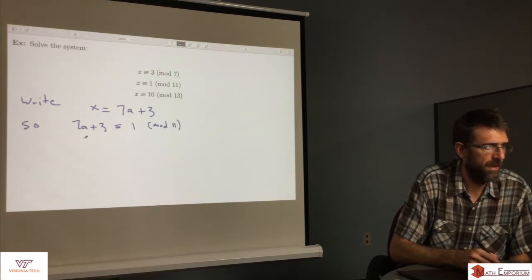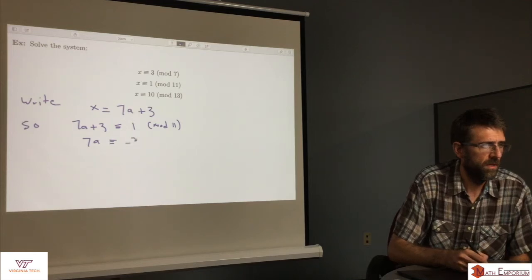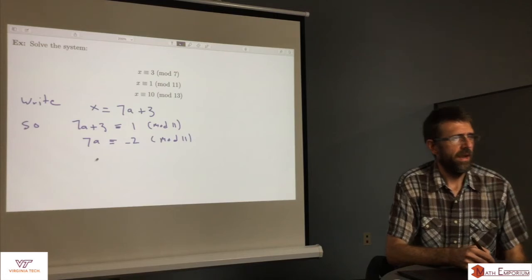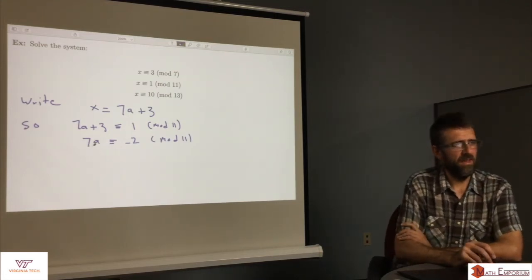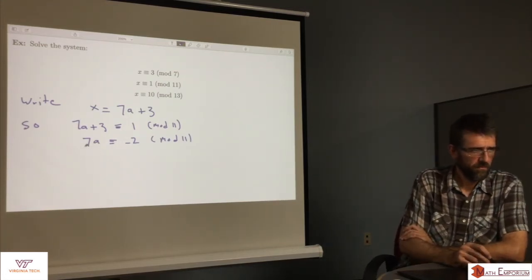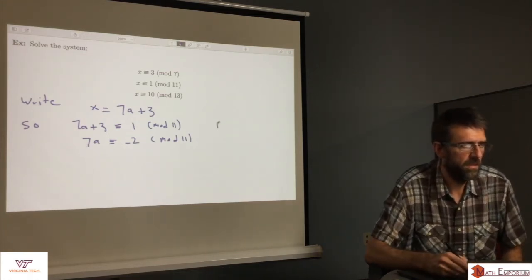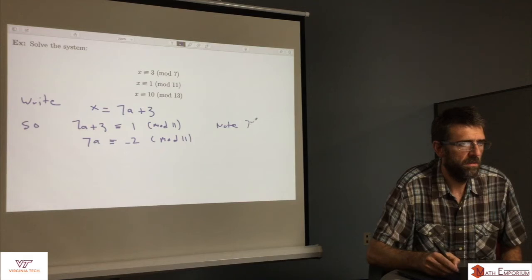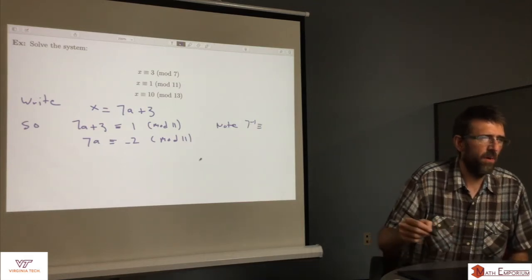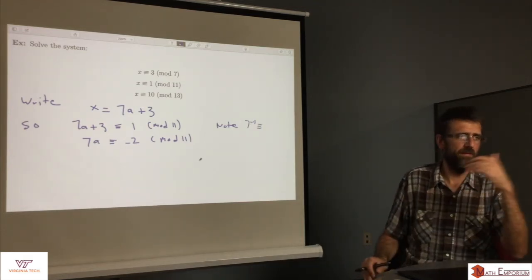Okay, let me try to solve this. So 7a is congruent to negative 2 mod 11. And now to solve this, I would like to just multiply by 7 inverse. I need to know what 7 inverse is mod 11, or if it even exists.